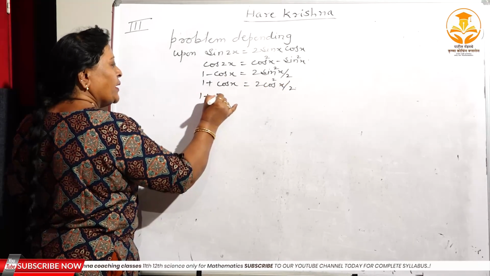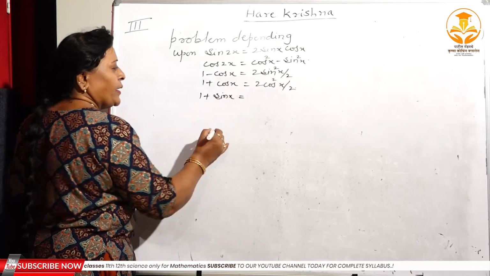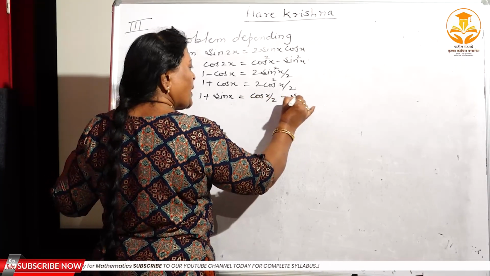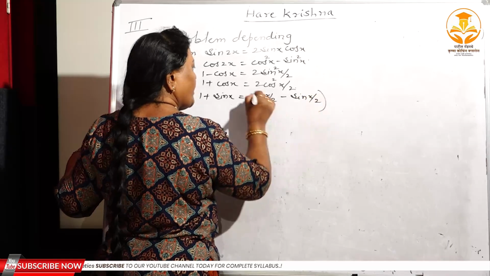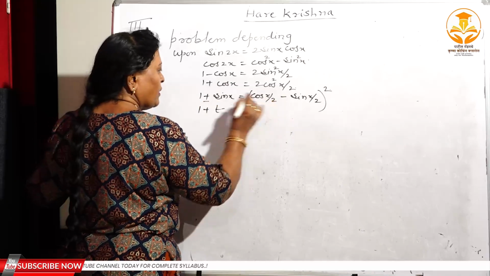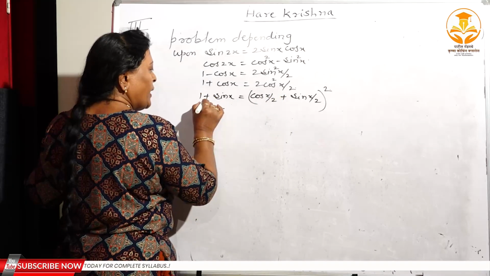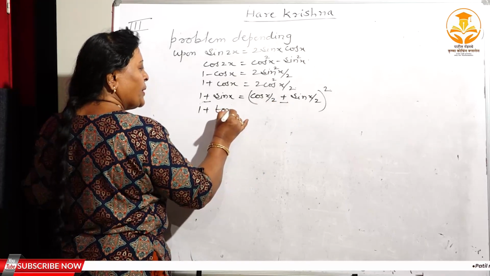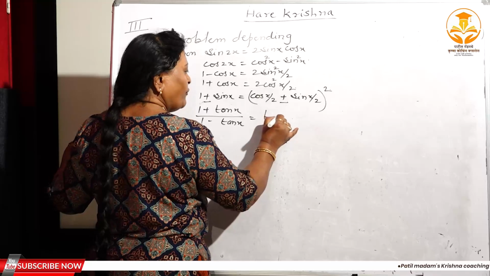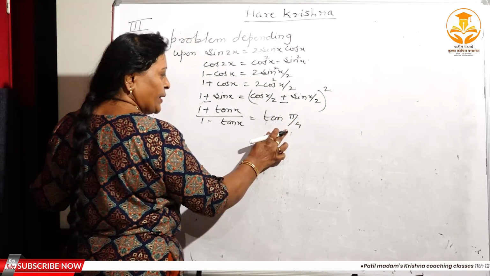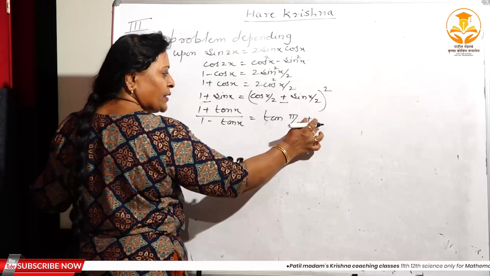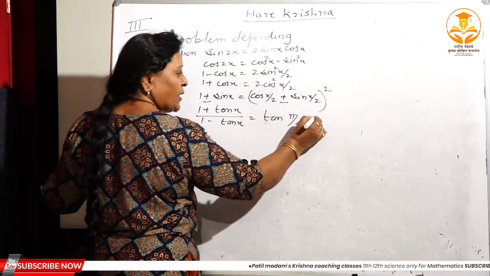Here again 1 plus sin x, this you can write as cos x by 2 minus sin x by 2 whole square. And here again 1 plus tan x. If there is a plus, there is a plus, and if there is a minus, there is a minus. Again 1 plus tan x divided by 1 minus tan x is equal to tan of pi by 4. Compulsory term. If there is a plus on top then give a plus here too, and whatever the angle, if x then write x, if 2x then write 2x, if 3x then write 3x.